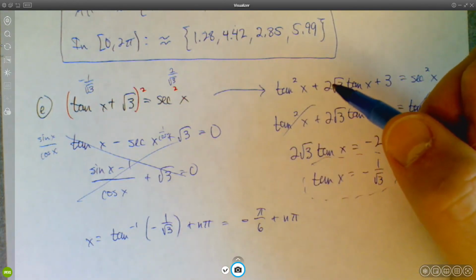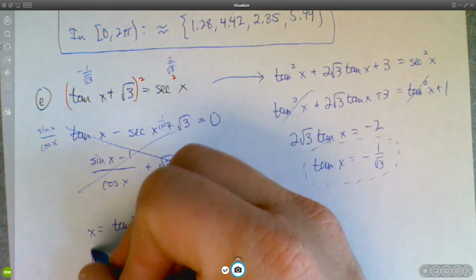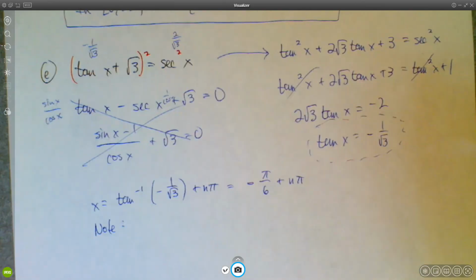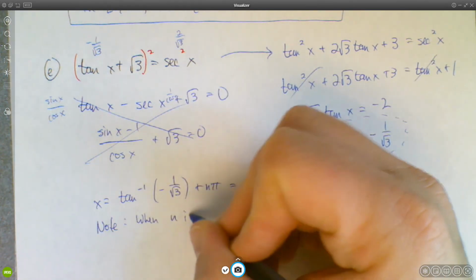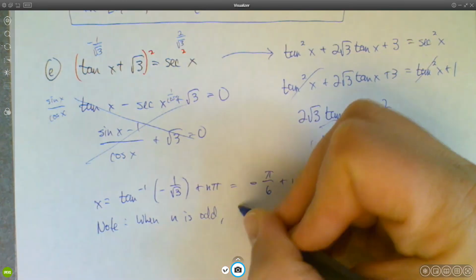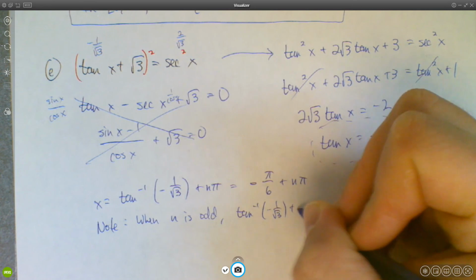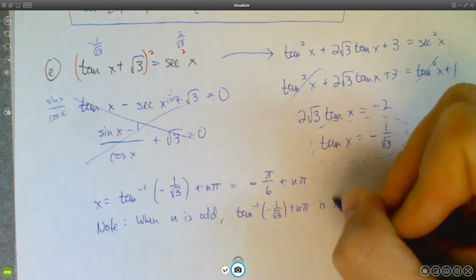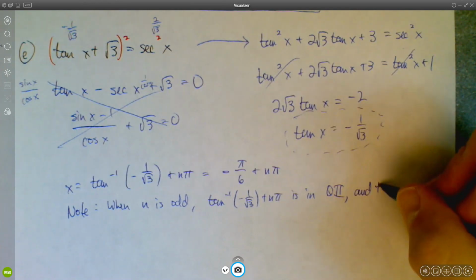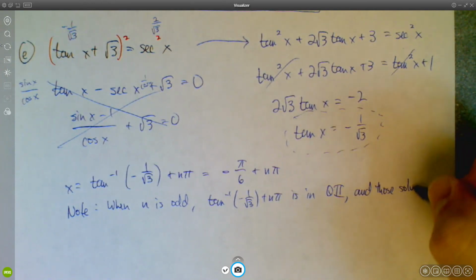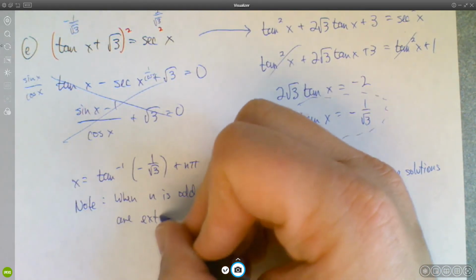So I think that really what we need to do, I'll say this. Note, when n is odd, tangent inverse of negative 1 over root 3 plus n pi is in Q2, and those solutions are extraneous.